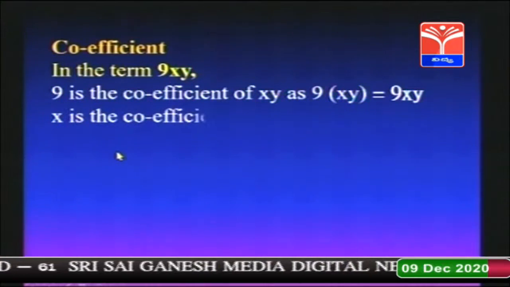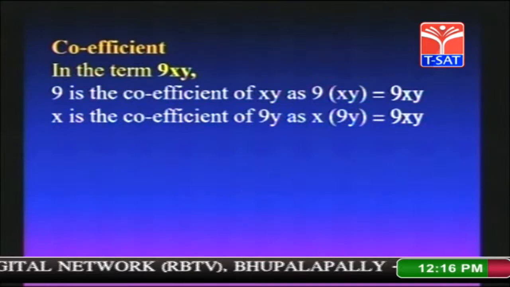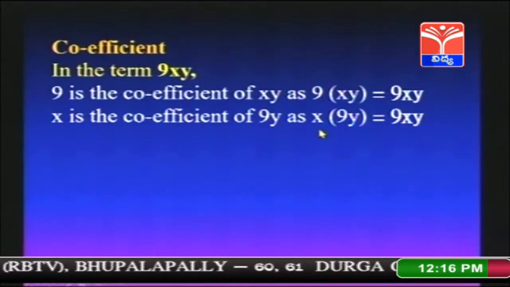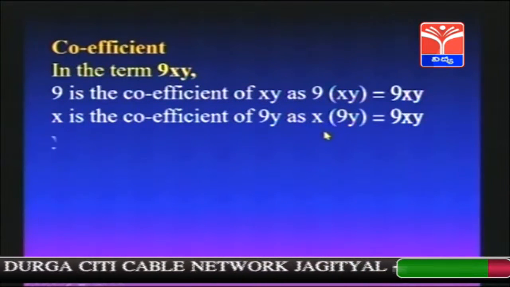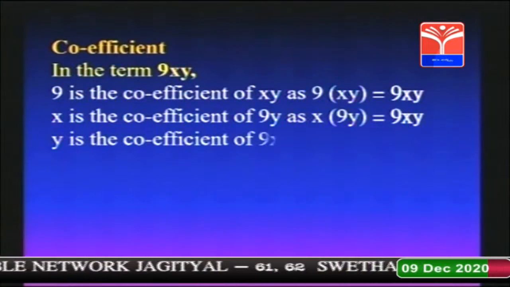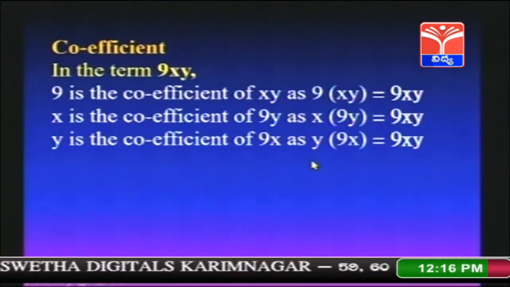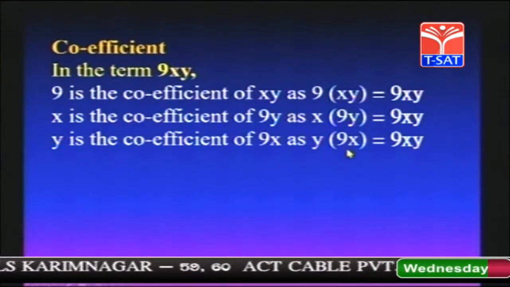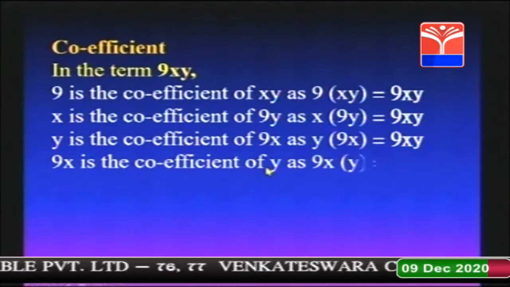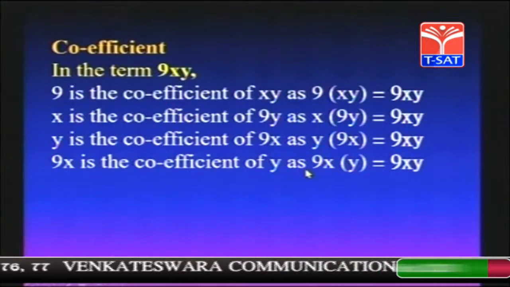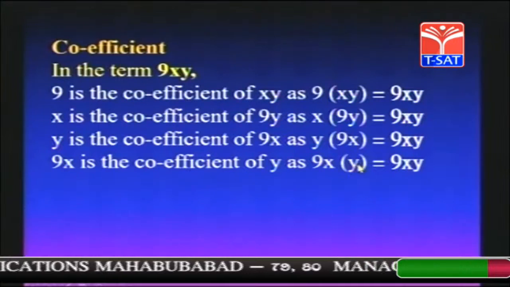Next, x is the coefficient of 9y. As you can see once again, 9xy can be written as x into 9y. Next one, y is the coefficient of 9x, as 9xy can also be written as y into 9x. Next one, 9x is the coefficient of y, as 9xy can be written as 9x into y.